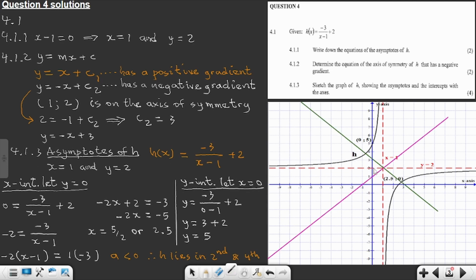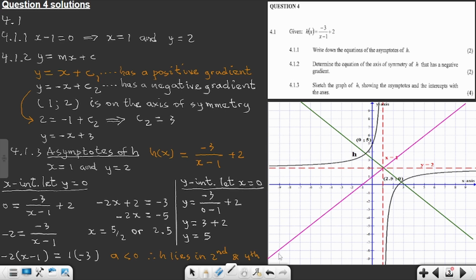Okay, I want you to see what I was telling you in question 4.1.2 about this point 1, 2. So the x coordinate is 1 and the y coordinate is 2. This point there. You can see the horizontal and vertical asymptote are passing through it.